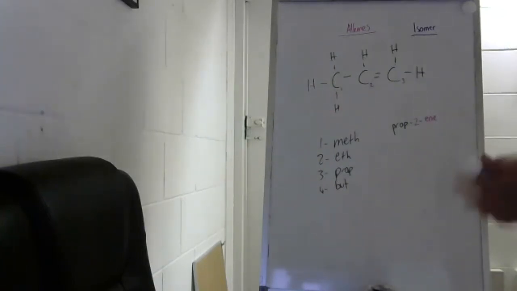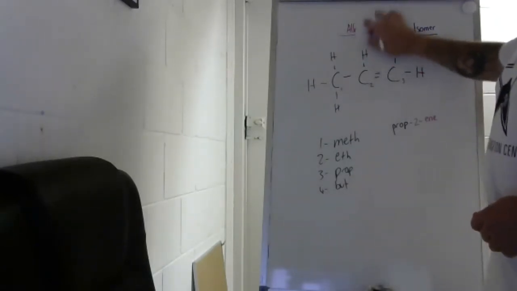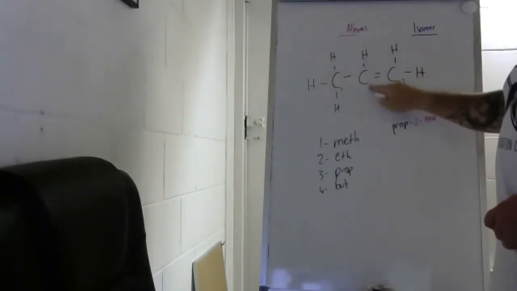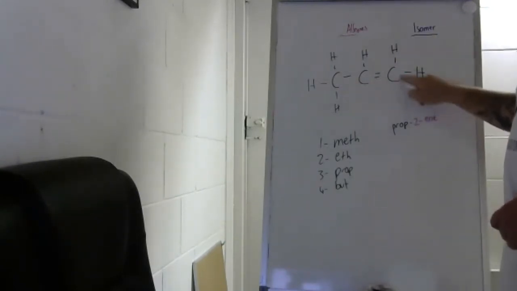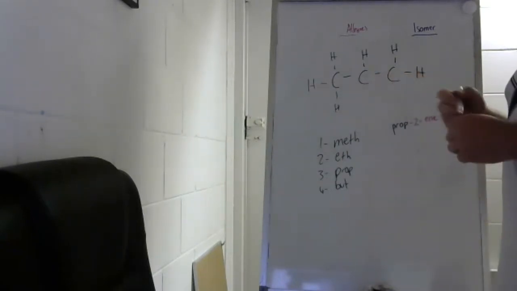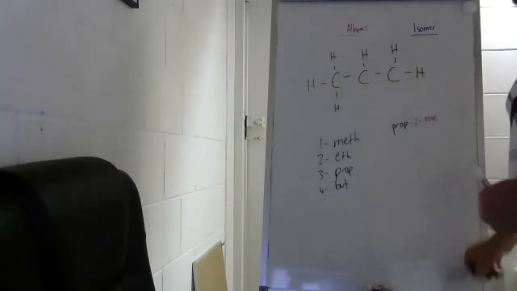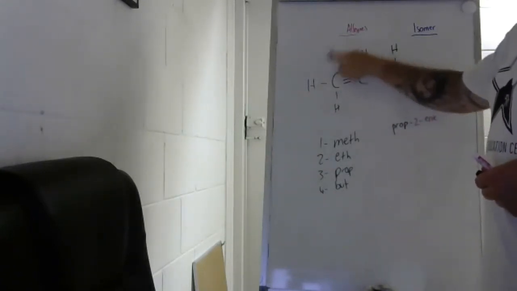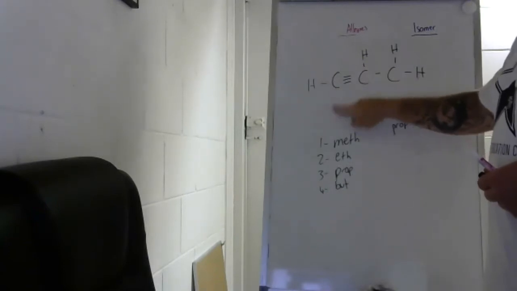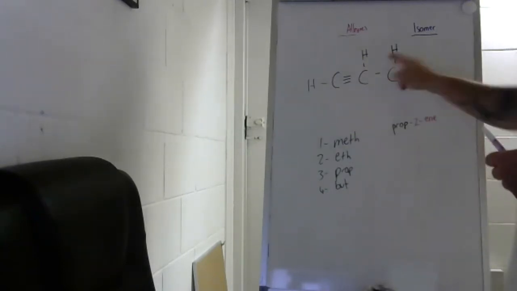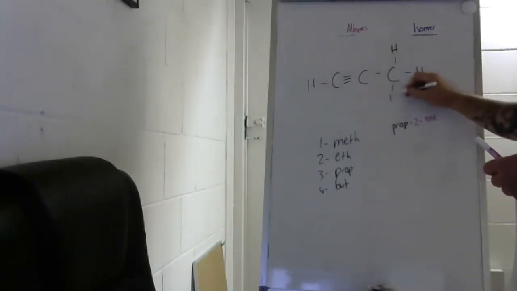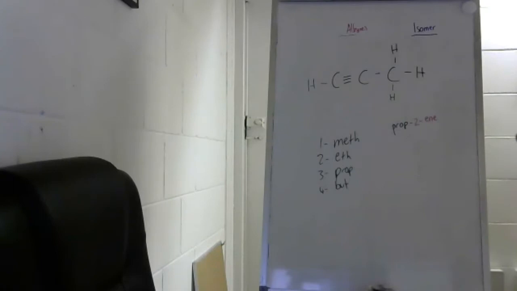The next one is the alkynes. The alkynes are characterized as having a triple bond between the carbons. Again, exactly the same thing as the alkenes.